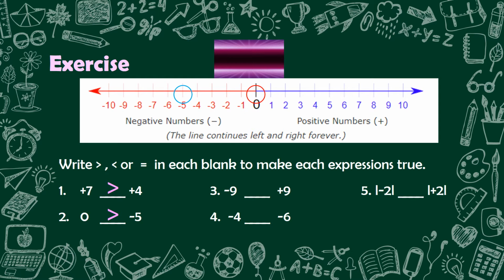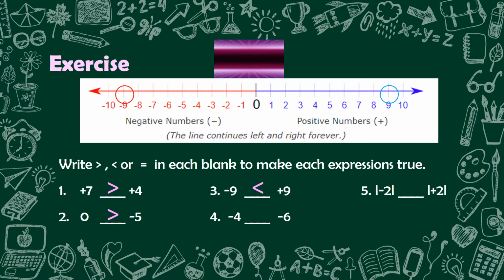Laging tandaan, ang negative number ay mas mababa kaysa 0. Number 3, negative 9 and positive 9. That's correct. Negative 9 is less than positive 9. Laging tandaan, mas mababa ang negative numbers kaysa positive numbers.